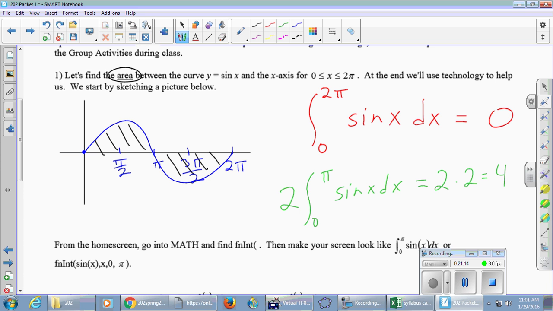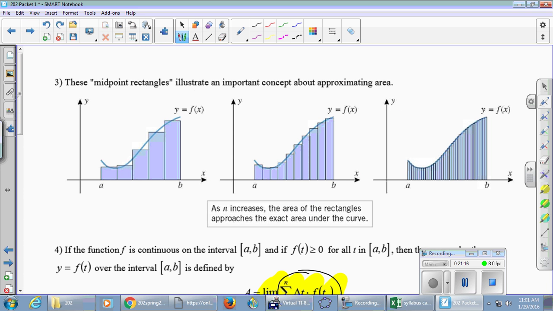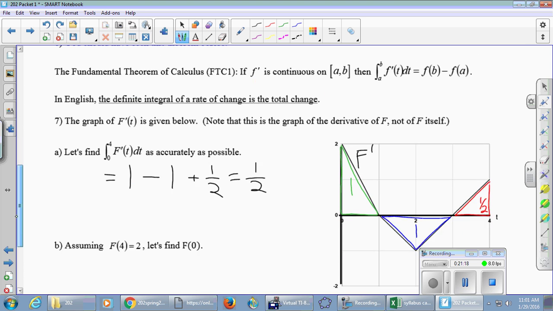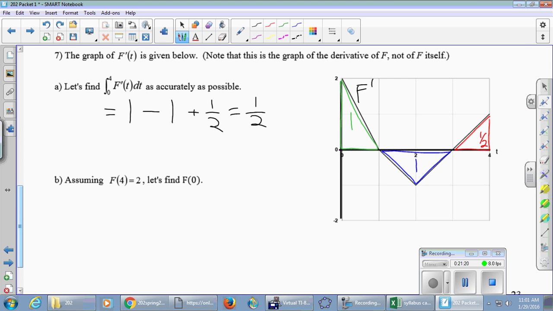Area means everything's positive. But this integral symbol says if you're above the x-axis, you represent a positive thing. But if you're below the x-axis, that is a negative area. All right, so for the integral sign, you're going to have cancellation, and you might even have a negative final answer.